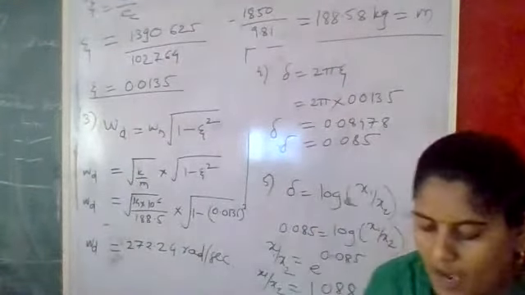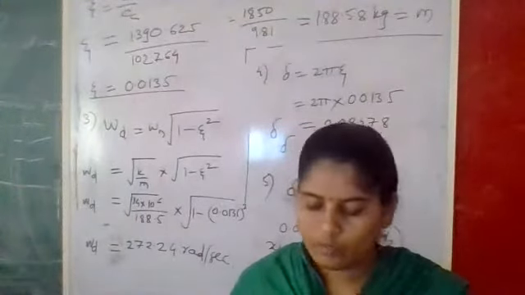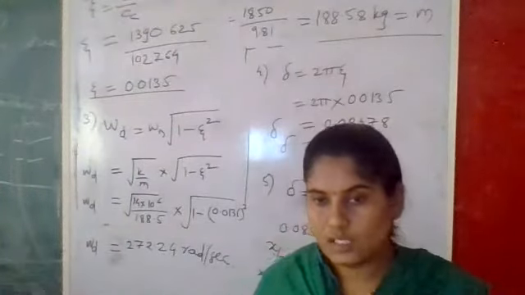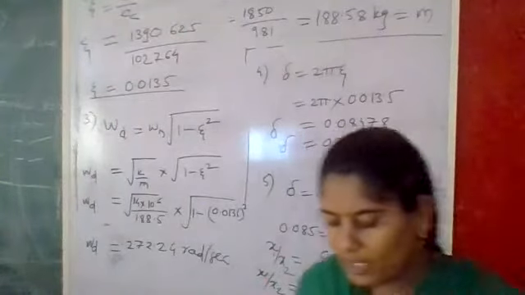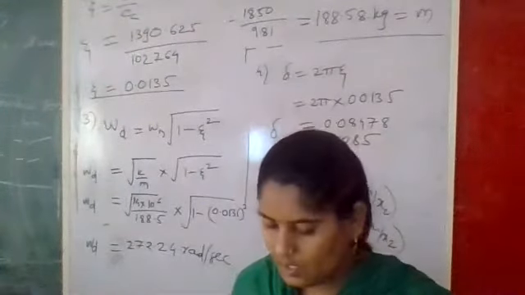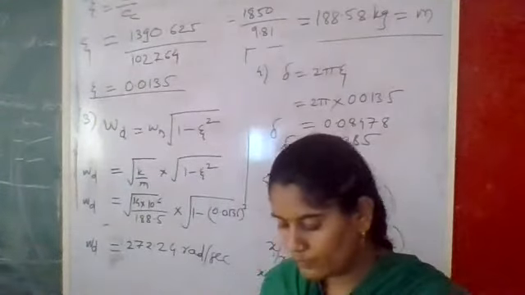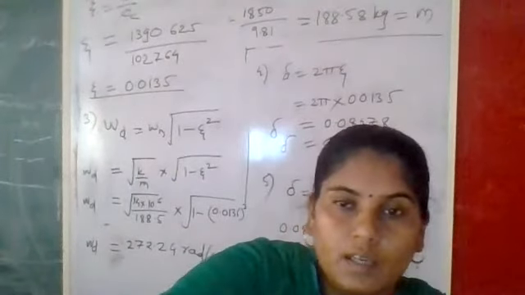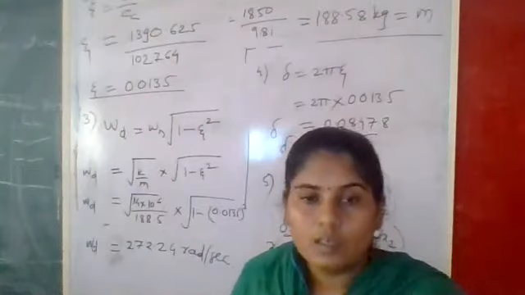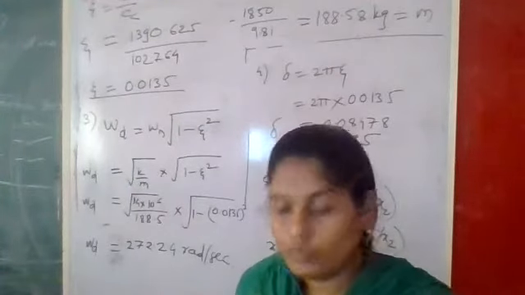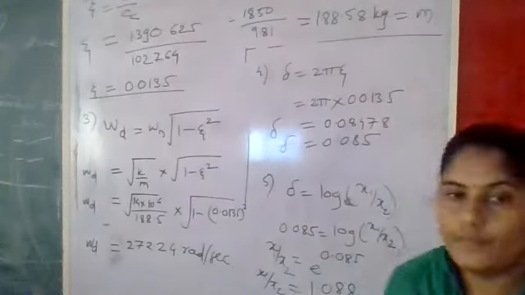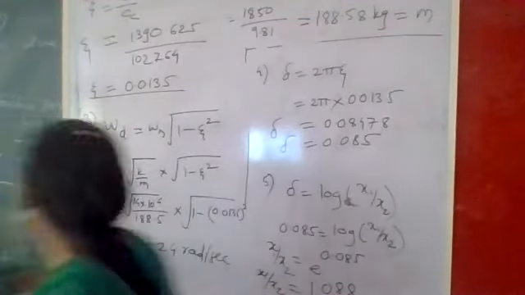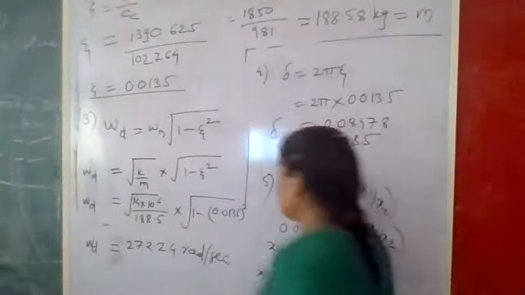For a spring mass damper system, M is equal to 50 kg. Find the following. First, critical damping CC. Second, damped natural frequency when C is equal to CC by 2. And third one, logarithmic decrement at the spring constant K is equal to 5000 Newton per meter. So I'll write down the given problem, given data you should write, and afterwards we'll go for the solving. Please solve fast and give me the answer.